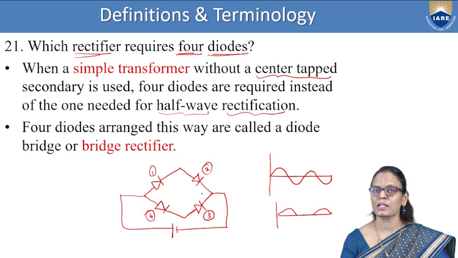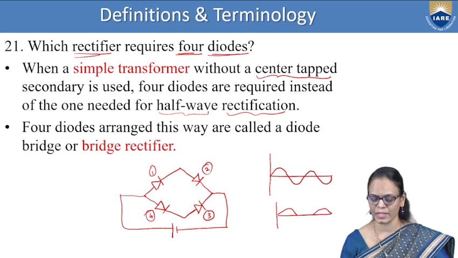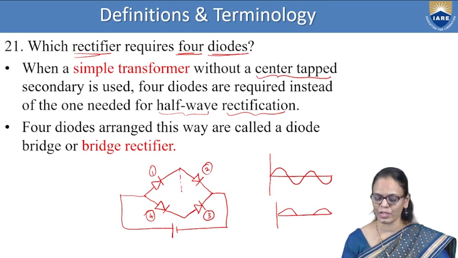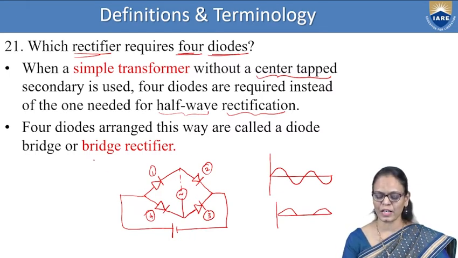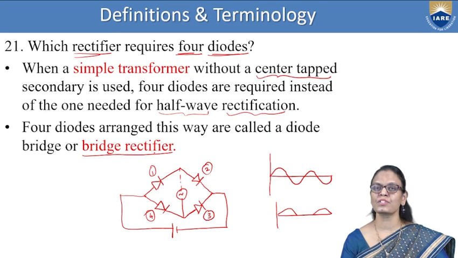But with a simple transformer without center tapping, we use 4 diodes connected in this manner. If you put a voltage across this, you will be able to understand. This is the way they are arranged and you call it a bridge rectifier.